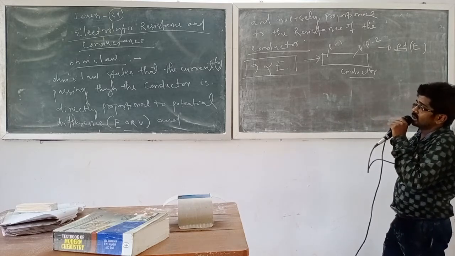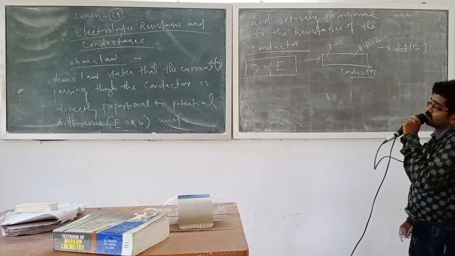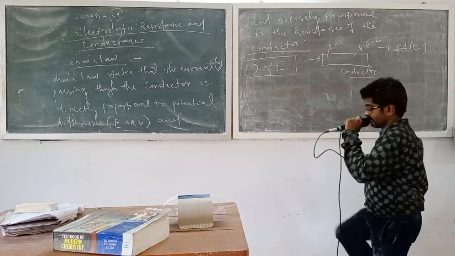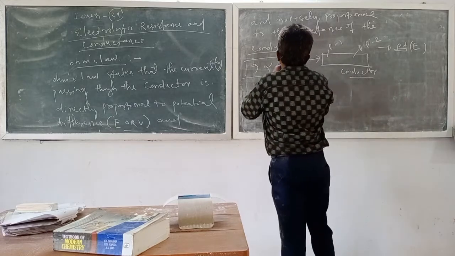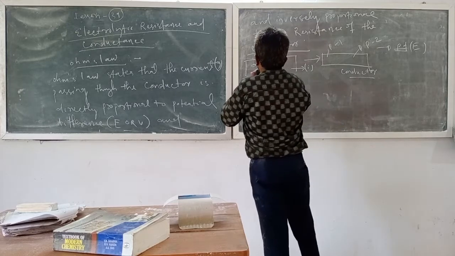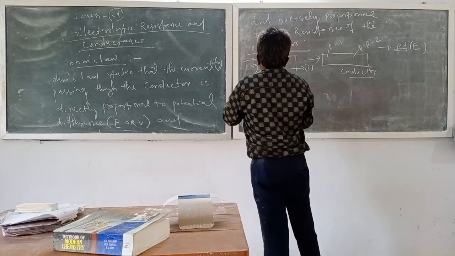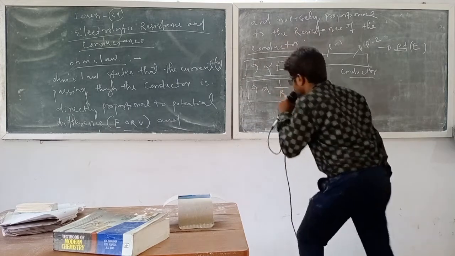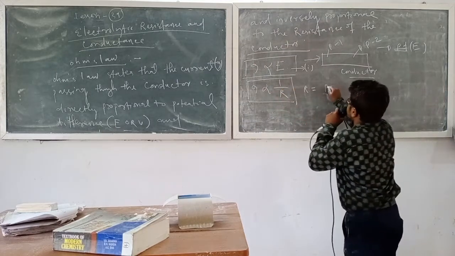And another thing says that it is inversely proportional to the resistance of the conductor. Suppose this is equation 1, and I is inversely proportional to R, R is the resistance of the conductor.